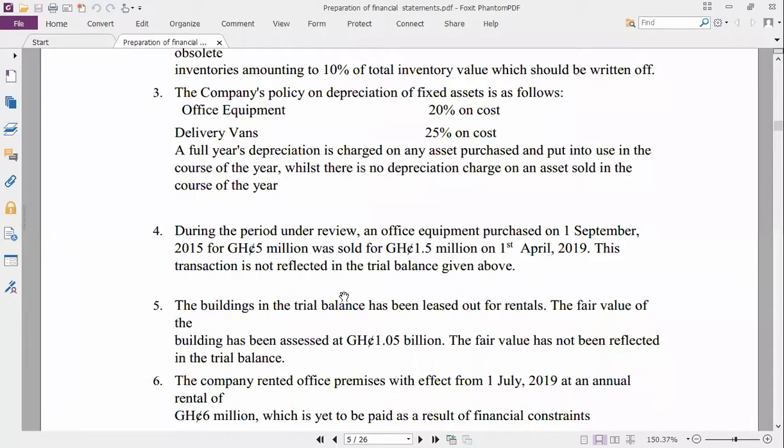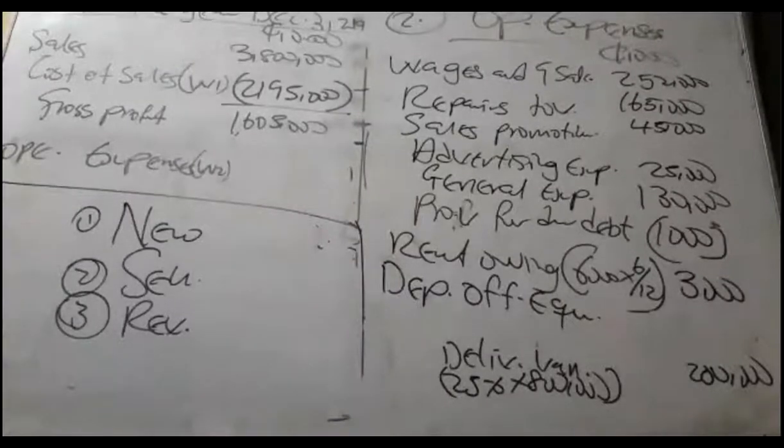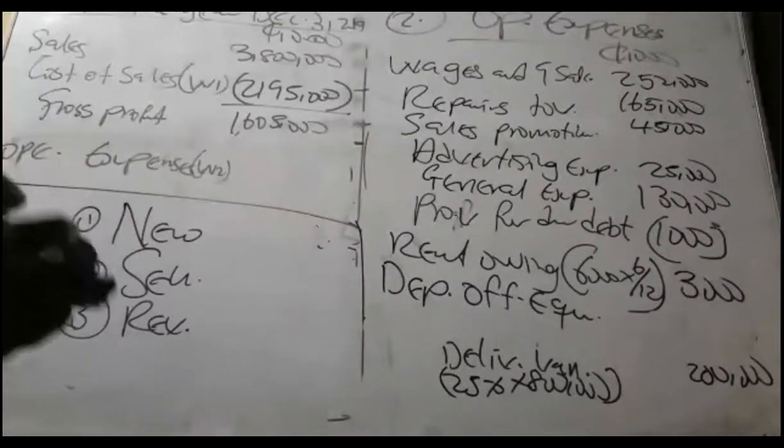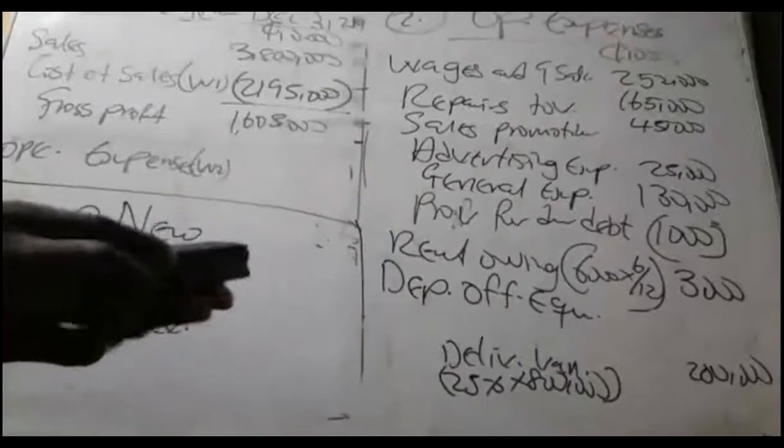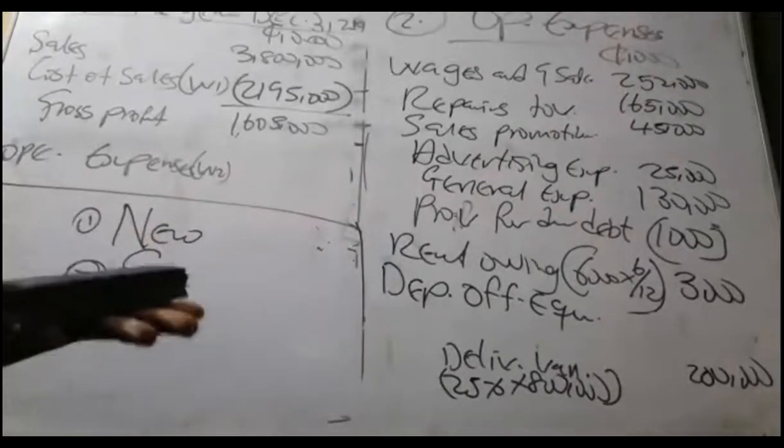So it means that depreciation must be based on the remaining asset, not the entire asset. So let's assume that I have three assets like this, what I'm holding.